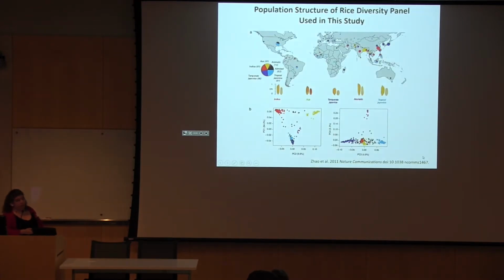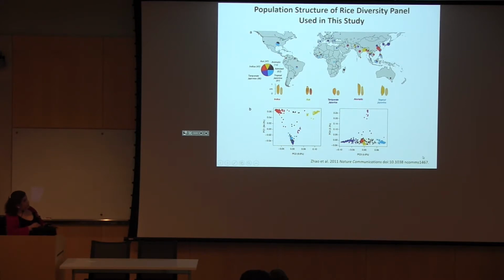So let me show you, and I don't know if Susan is in the audience. This is very familiar to you because it's the rice diversity panel that Susan McCouch and her collaborators developed. This has been a wonderful resource for us to find those novel genes involved in salt tolerance in rice, an important problem in the world, and certainly in Arkansas, the main producer of rice in the US.